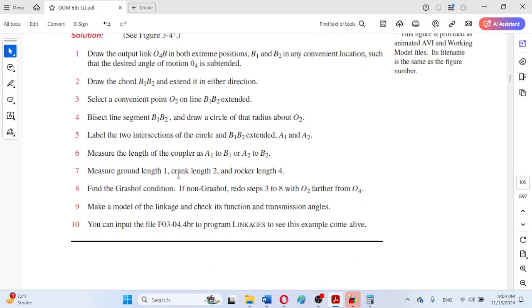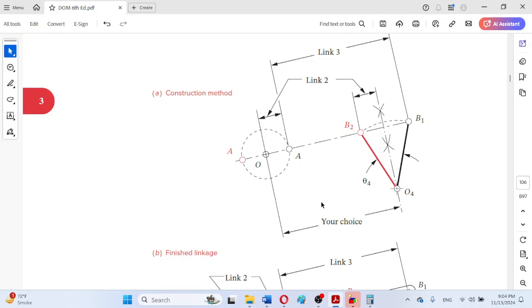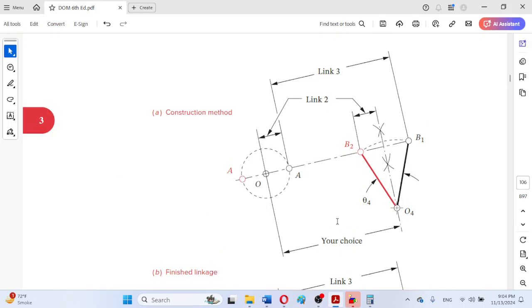So here is written the procedure. I will not be reading the procedure, I will just be explaining this diagram. In drawing this non-quick return, as we can observe here, for example, B1 and B2 are the two extreme positions of the rocker link.